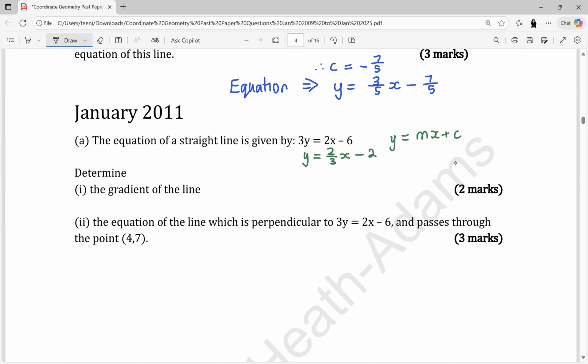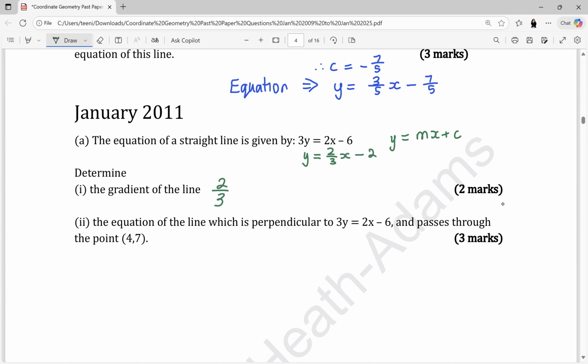So in the form y is equal to mx plus c, the equation would be y is equal to 2/3 x minus 2, where here m, the gradient, is 2/3. So the gradient of this line is 2 over 3.